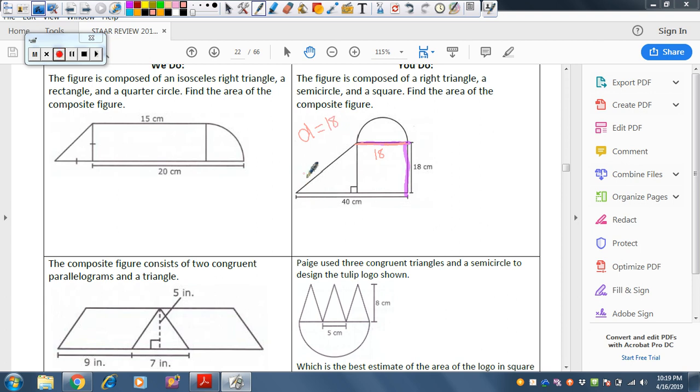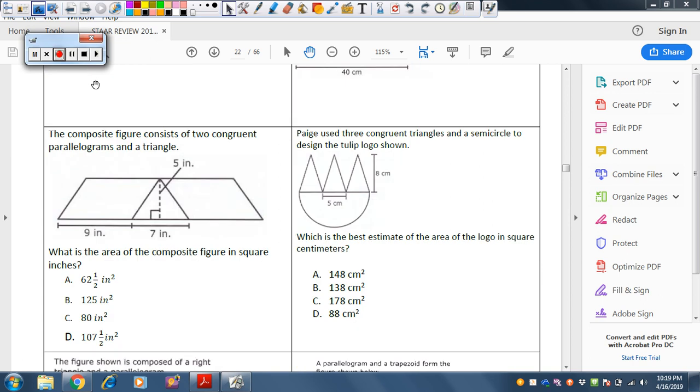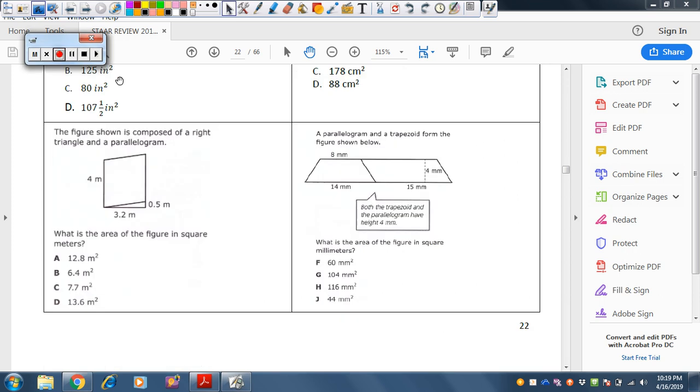Now that's not the radius. You're going to have to find the radius, but it gives you the diameter. All right, Mrs. Relaford's class, you are not doing these two. Other classes you might be. So do what your teacher tells you.